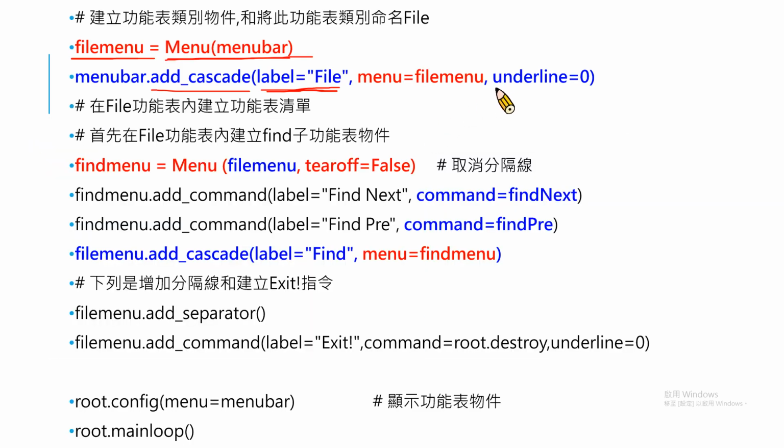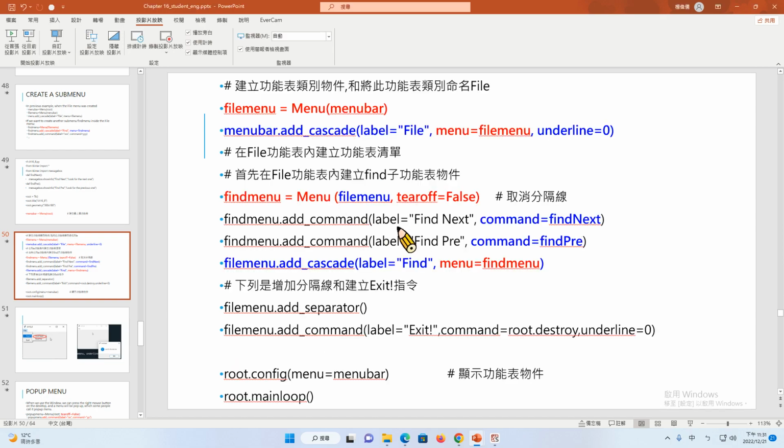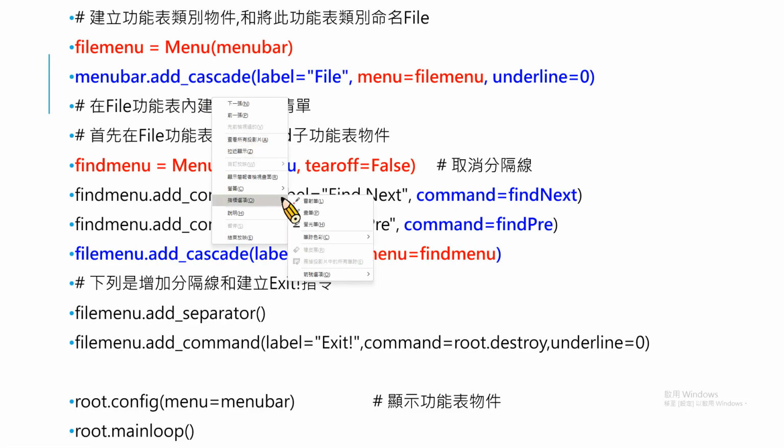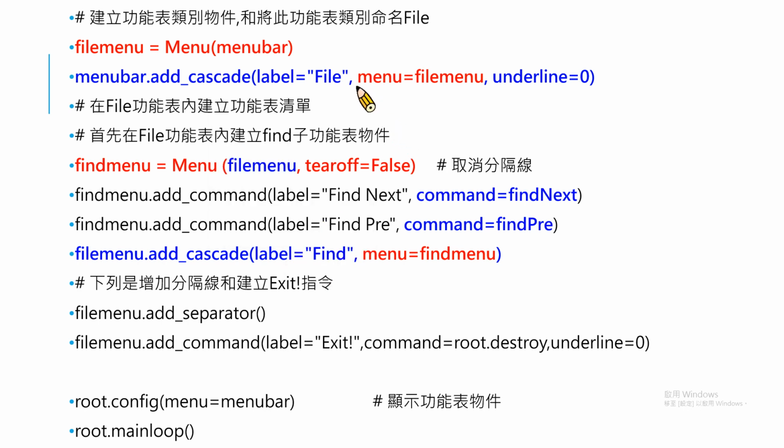And then there's an underline here. Where's the cursor? Sometimes my cursor is missing. And see, we set the menu to be the file menu.